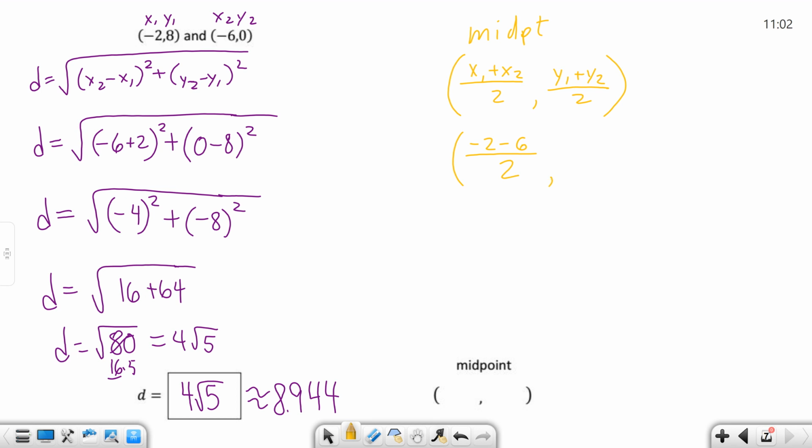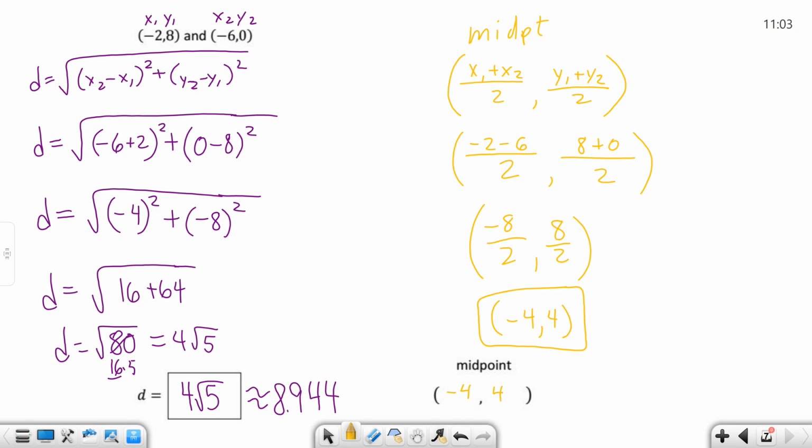You don't change the sign. That's what a plus means in a formula. And then we get 8 plus 0 over 2. So we end up with -8 over 2, comma 8 over 2, and 8 over 2 becomes 4, so this is -4, and this one becomes 4, and there is your midpoint: -4, comma 4.